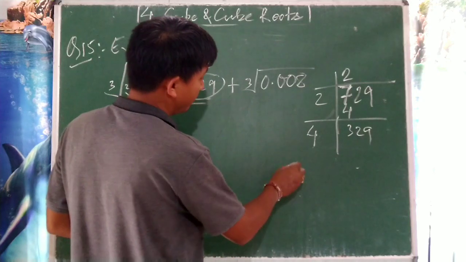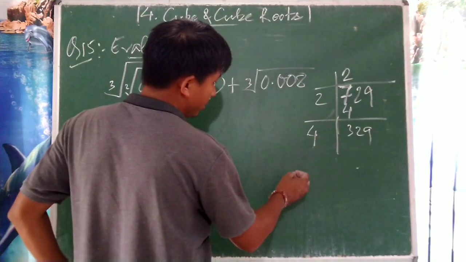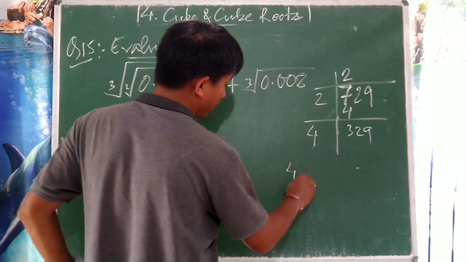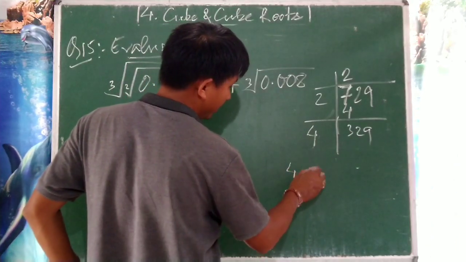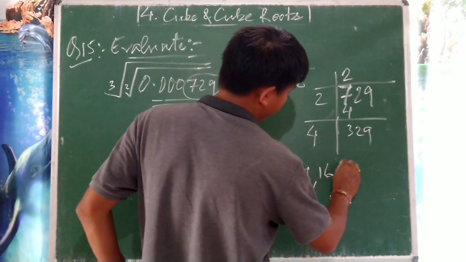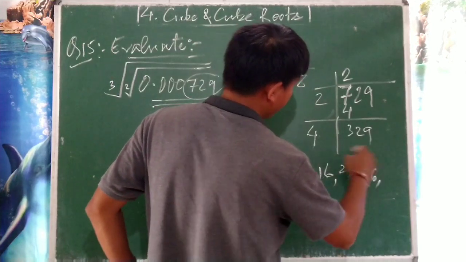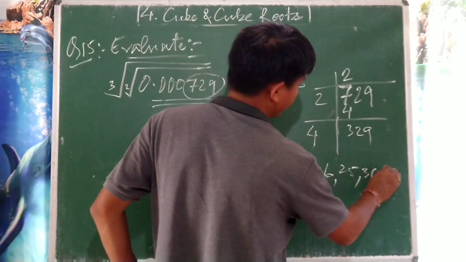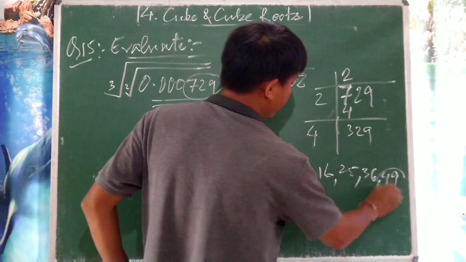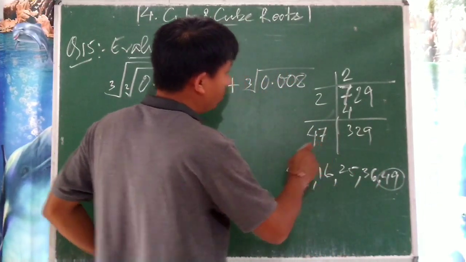For 2 into 2, how much? 4. Then 3 3s, 9, 4 4s, 16, 5 5s, 25, 6 6s, 36. Then 7 7s, how much? 49. So obviously, let's check whether this. So 47.